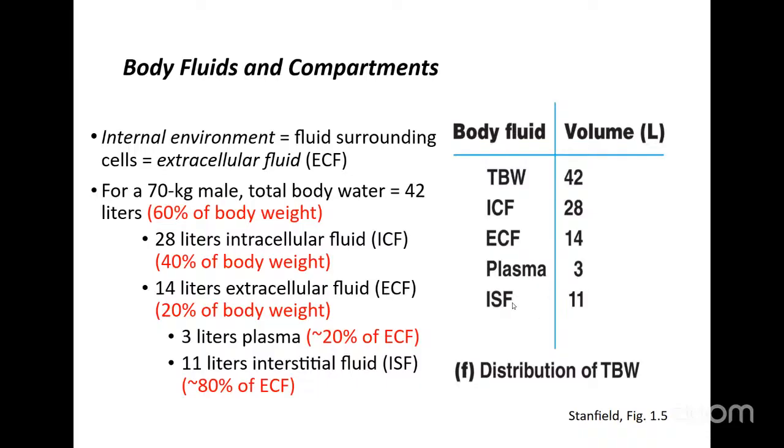So those two numbers have to come up to our total extracellular fluid number because they're the two types of extracellular fluid. So we've got about 3 liters of plasma here and about 11 liters of interstitial fluid. So more interstitial fluid than plasma, but they're both important. They're different, even though they're both extracellular fluid.